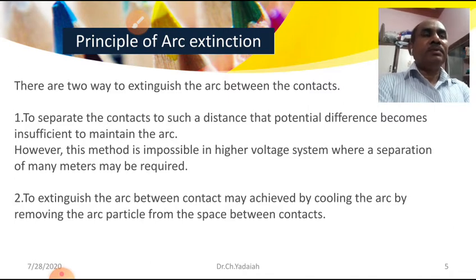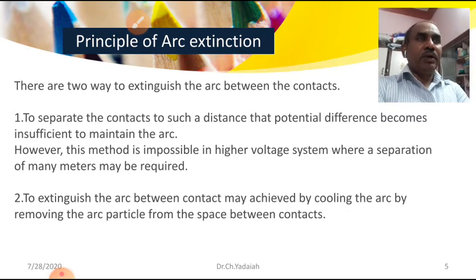As a general example, when you are using a candle on a birthday, what happens if you puff at the candle? The flame lengthens to some extent. Once the flame lengthens, it is cooled by atmospheric air particles.